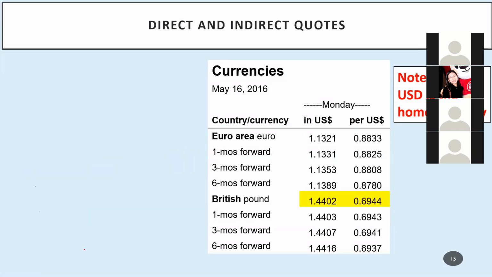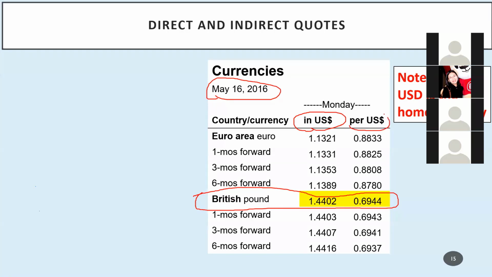Okay, so as an example, let's look at an actual currency quote from a financial paper. For example, if we look at the spot market for May 16, 2016, and these quotes over here, what they mean is that for the British pounds, the first column is the price of the British pound in USD.